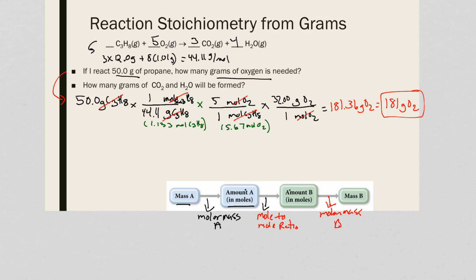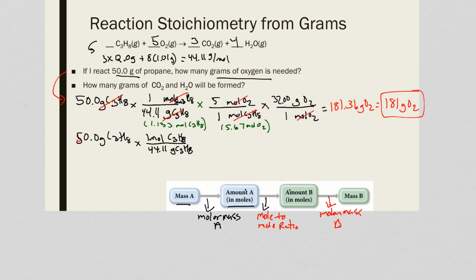Okay, so that was the first question. The second part says how many grams of CO2 and water will be formed? So let's lay these out. These are going to follow a very similar pattern. Let's realize here that the first step is going to be the same, because in every one of these I'm converting to moles of C3H8.